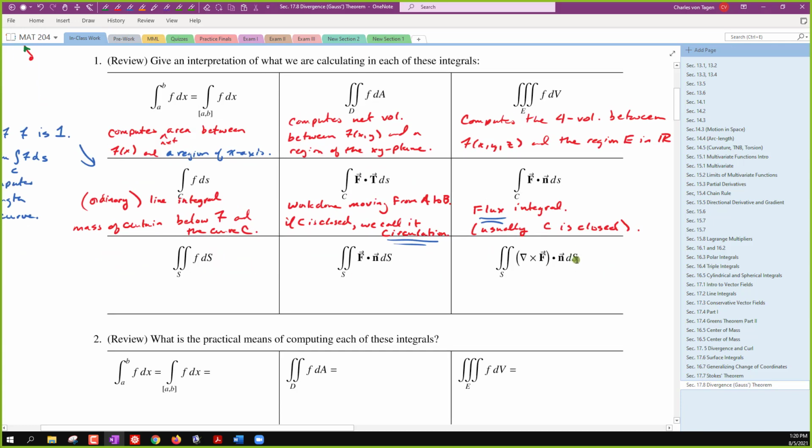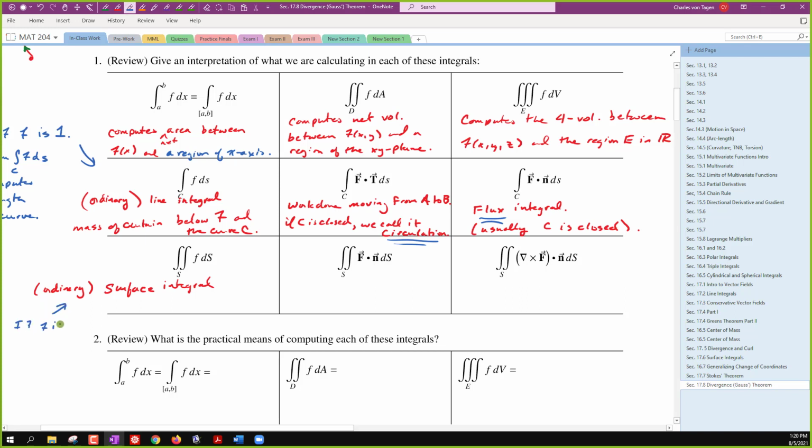So then here we have a surface area, a surface integral. And sometimes, because you compute these a little bit differently than the ones that have vectors in them, sometimes I'm going to put the word ordinary in front of that. An ordinary surface integral.